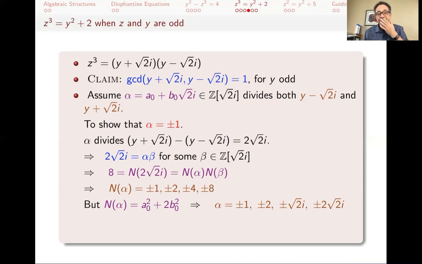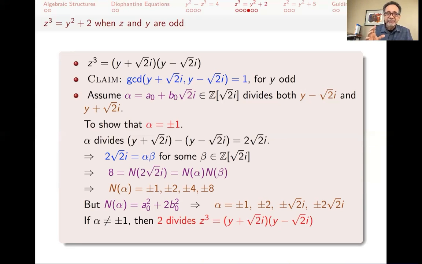Or it could be plus or minus 2, or plus or minus square root of 2i, or plus or minus 2 square root of 2i. Remember, alpha is going to divide both y minus square root of 2i and y plus square root of 2i. And z cubed was a product of these two. So if alpha is a factor of this one, and alpha is a factor of that one, then alpha squared will be a factor of z cubed.